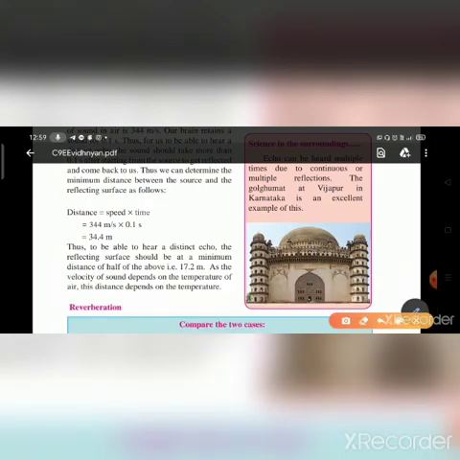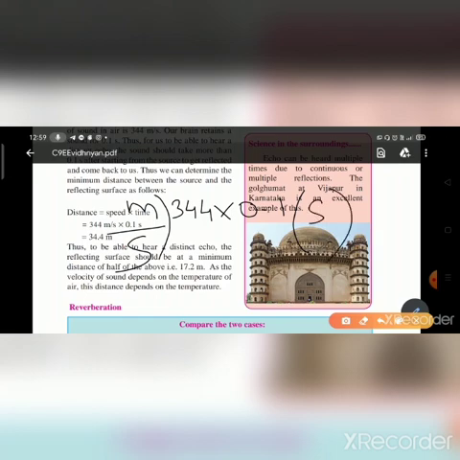Here it is: 344 into 0.1. So you can see the units, okay? Here it is meter per second and here it is just second. We'll notice that only 34.4 meters is written here.